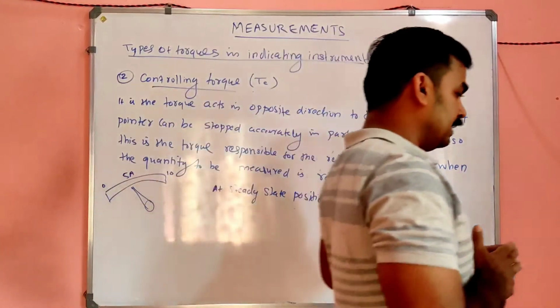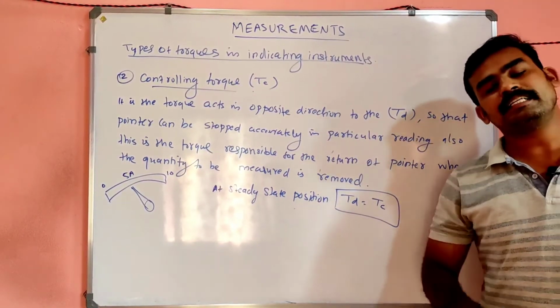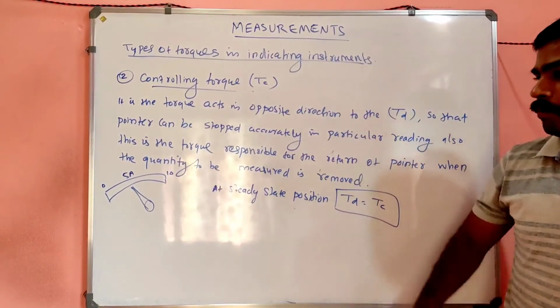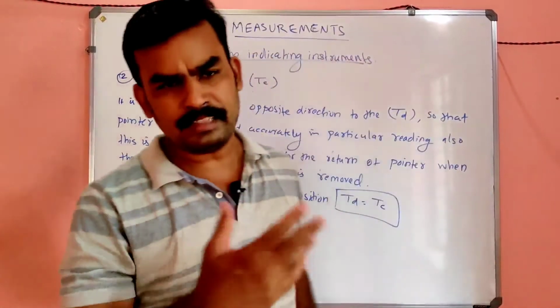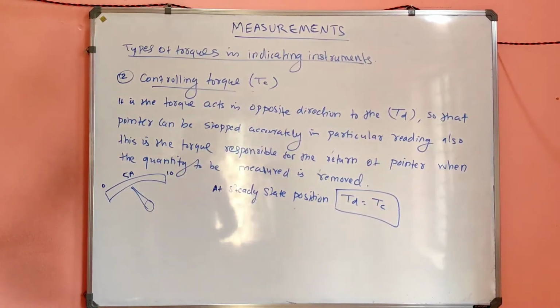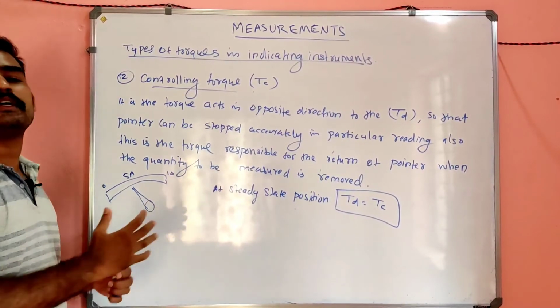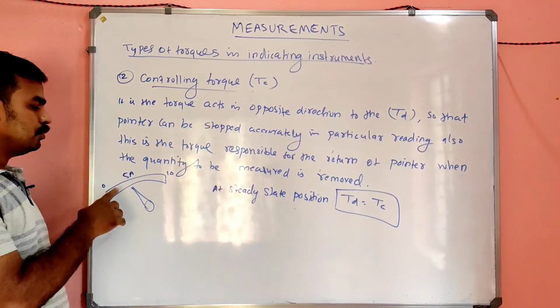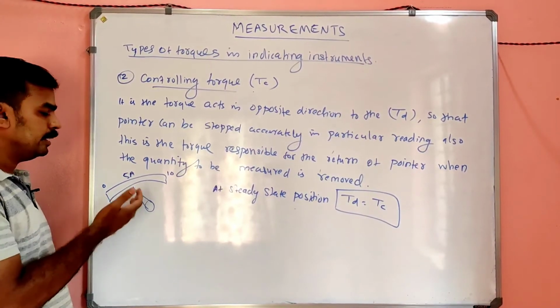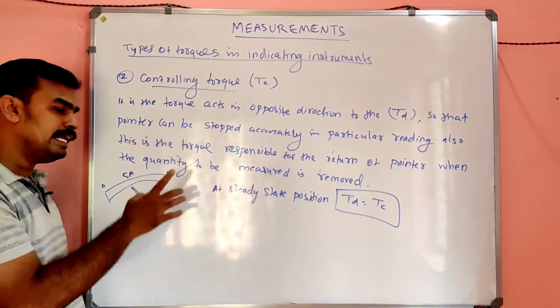Controlling torque means the torque responsible for the control purpose. It acts directly opposite to the deflecting torque, so that the pointer stops at the corresponding current or corresponding quantity. The torque responsible for that stopping of the pointer is called the controlling torque. If controlling torque is not there, suppose you apply a 5 ampere current, it may stop at 10 ampere, the end, because the end will be the stopping point.